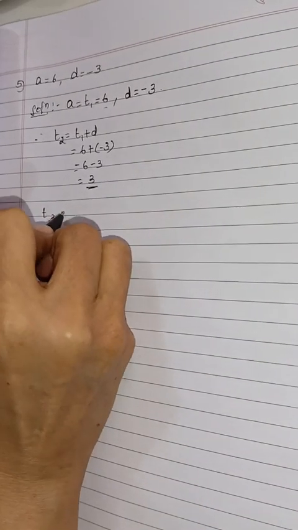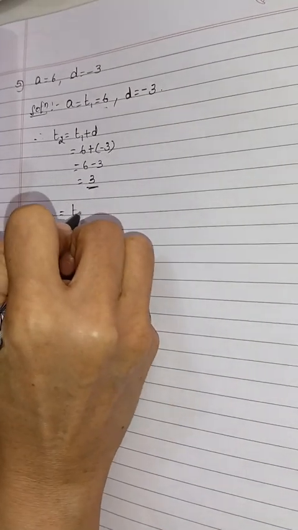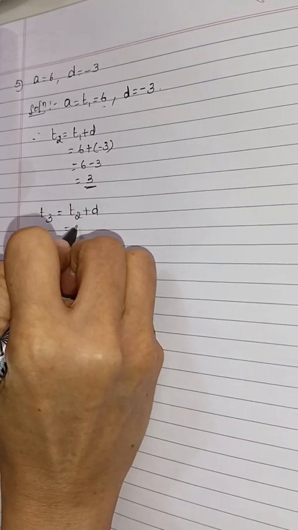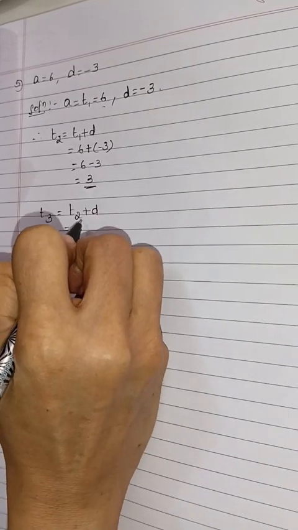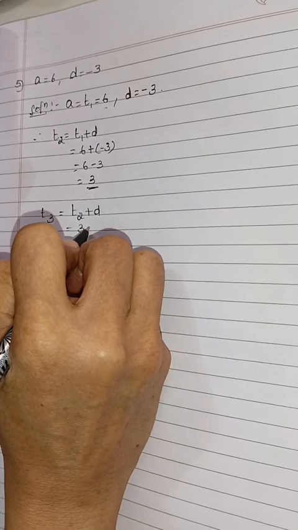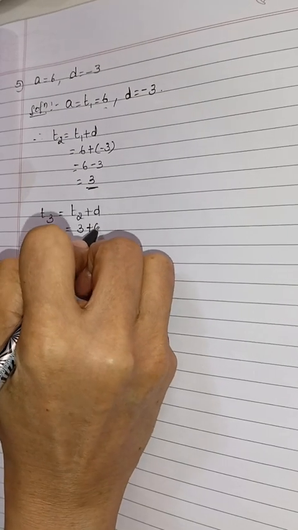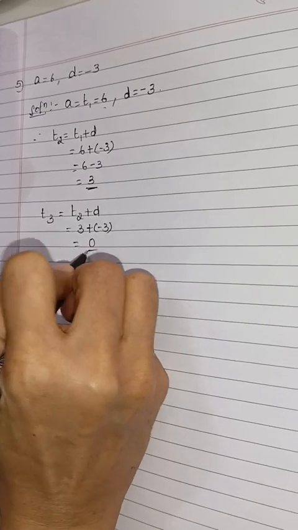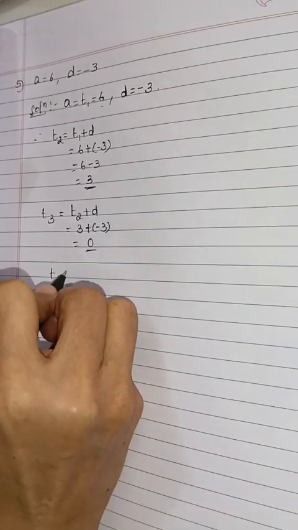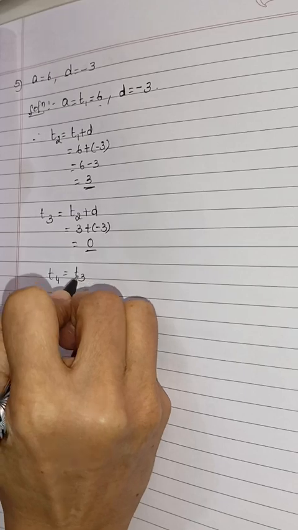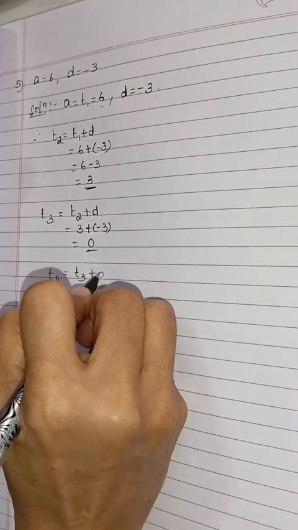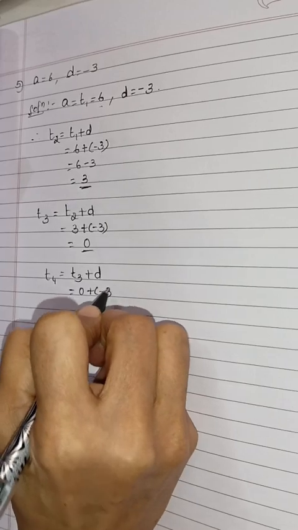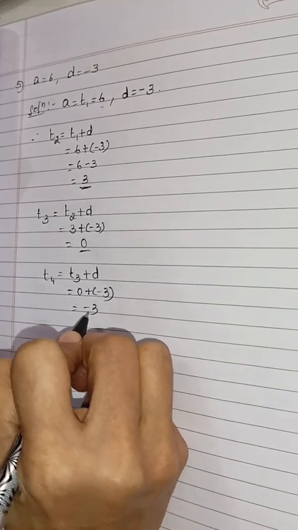Now T3 is T2 plus D. T2 is 3 and D is minus 3. Plus 3 minus 3 is 0. Then T4 is T3 plus D. 0 plus minus 3. So answer is minus 3.